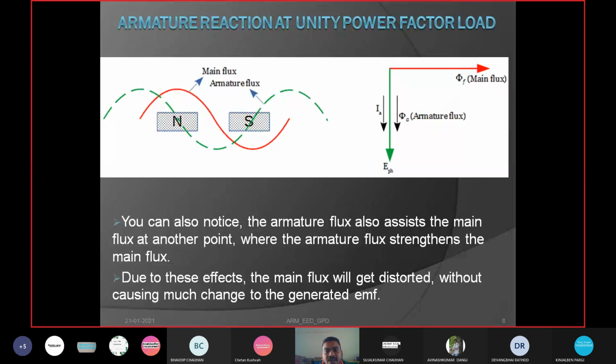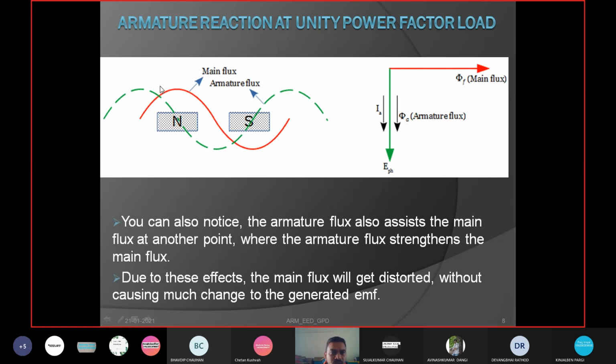You can also notice the armature flux assists the main field flux at another point. As I already discussed, in this portion it will assist, in this portion it will oppose, in this portion it will assist, in this portion it will oppose.